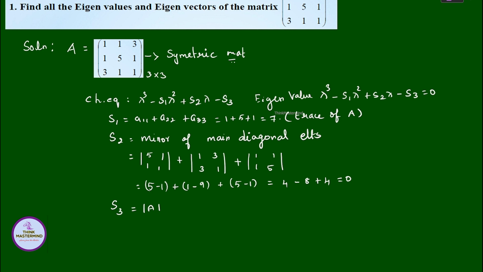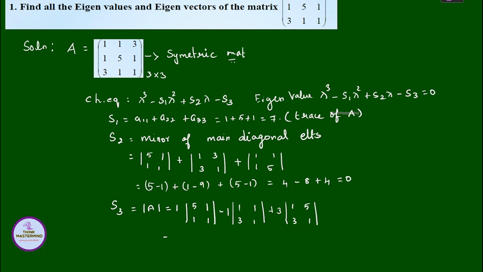S3 is the determinant of A, that is equal to 1, the first element. Leave the corresponding row and column. Then the determinant value of 5 1 1 1, minus 1 into the determinant value of the remaining elements 1 3 1 1. Similarly, the first row third element is 3, plus 3 into the determinant value of, leaving the column and corresponding row, 1 5 3 1.